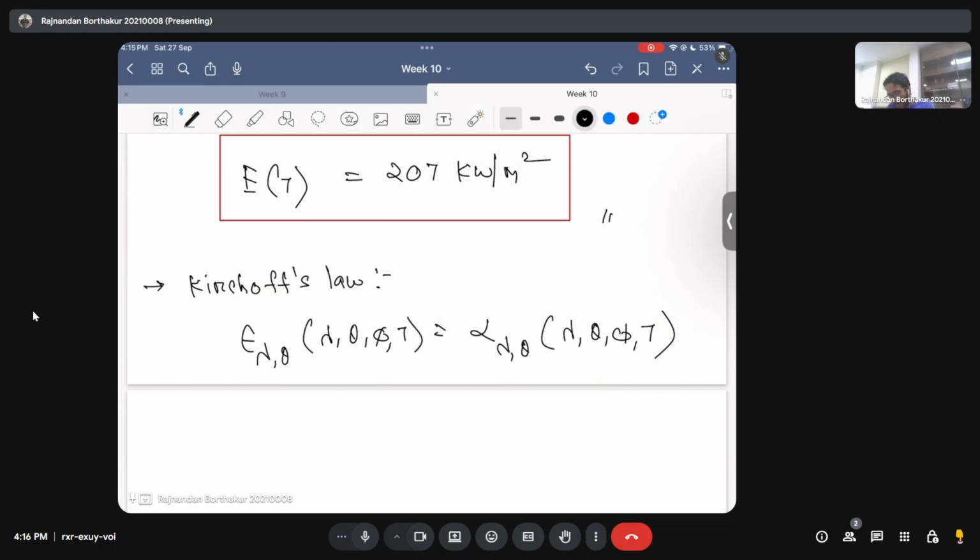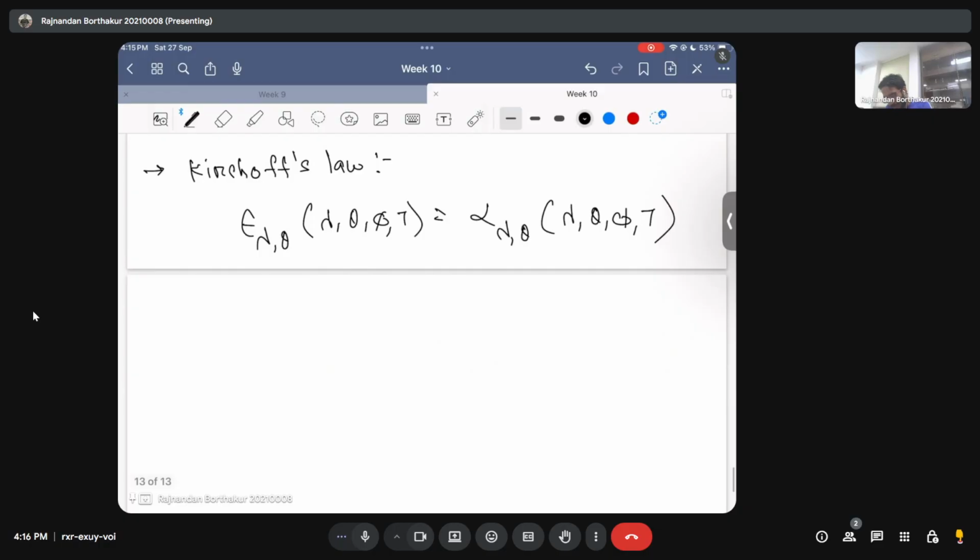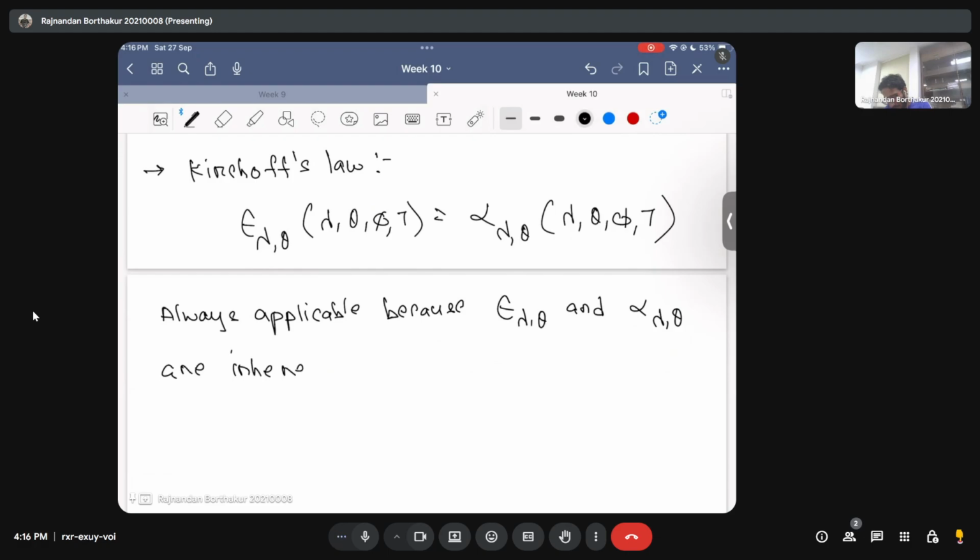And remember, this law is always applicable, because my epsilon lambda theta and alpha lambda theta are inherent surface properties.